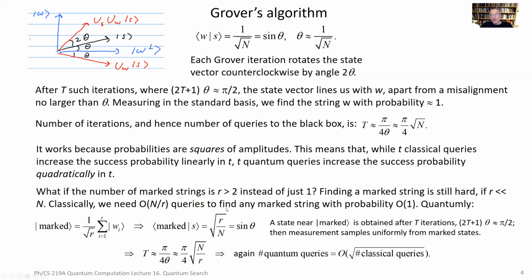So the point of this story is that even when there are multiple solutions, you need a smaller number of queries to find one of the marked strings, one of the solutions, with some specified success probability. In the classical case, the number you need goes like N over r. The number of queries that you need quantumly again goes like the square root of the number of classical queries. It's N over r classically, and it's the square root of N over r quantumly.